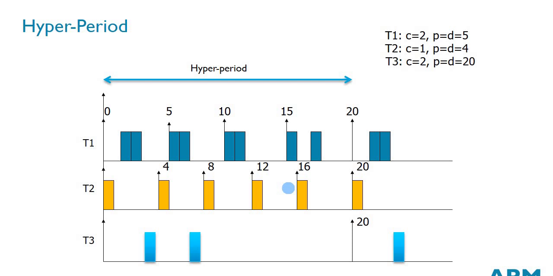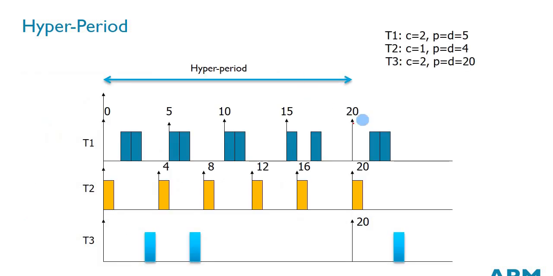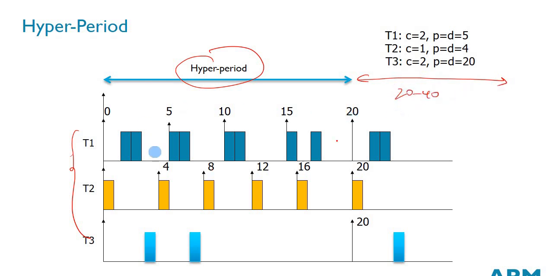This hyper period is known as the least common multiple of the task periods. So how the context switching happened between these three tasks during this hyper period is exactly how it will repeat again. Every 20 units of time, so 20 to 40, you will see the exact same behavior. Similarly 40 to 60, the exact same behavior.